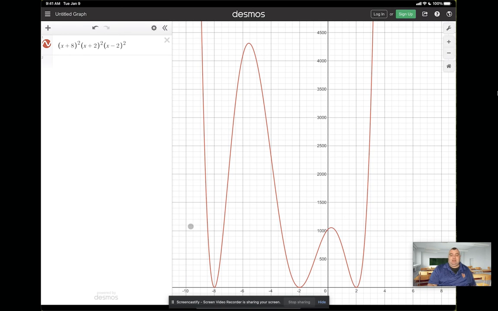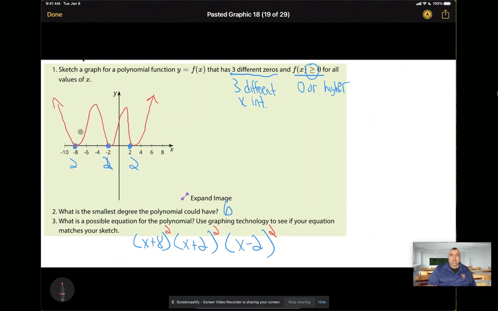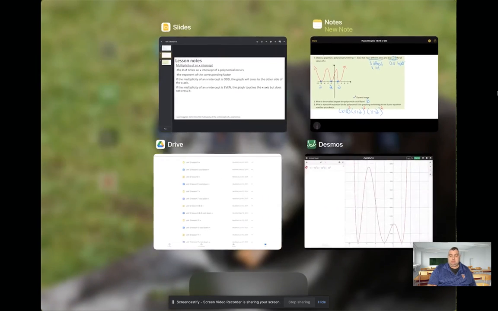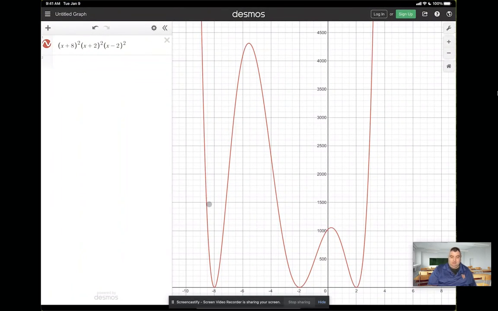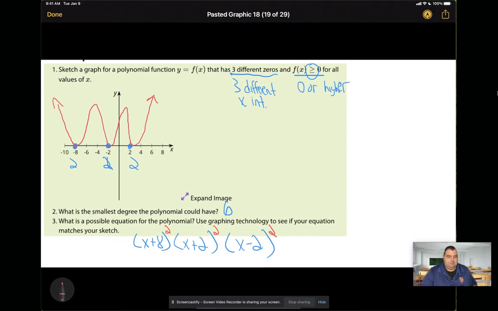If we compare this graph to my original sketch, it's obviously not exactly the same, but it's pretty close in that it comes down, comes up, comes down, comes up, comes down, comes up. Again, sort of like a funky looking W. So that is how we use multiplicities with polynomials. That is why multiplicities are important. And that is it for this lesson.